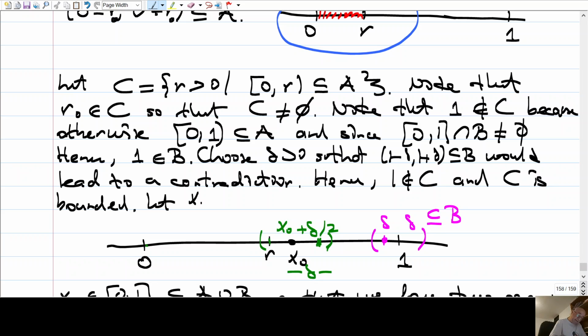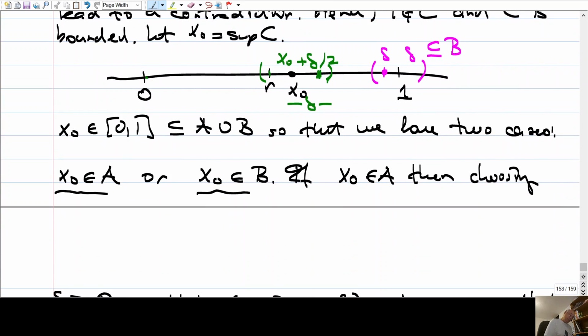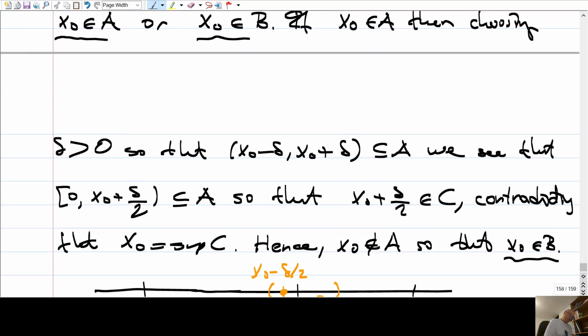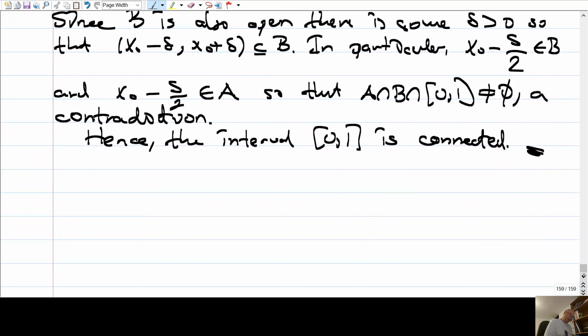Let again x0 be the supremum of C, and then we proceed. Is it okay now? Okay. But thank you. It would not be complete, so we had to be more careful.